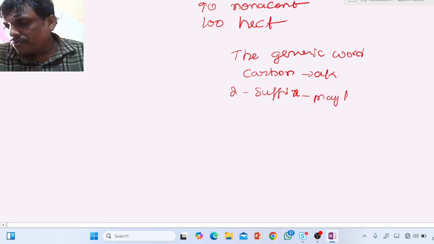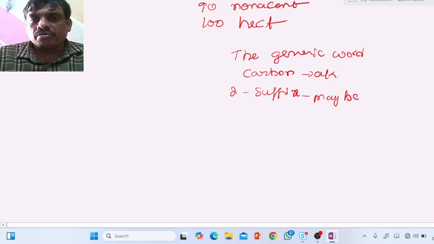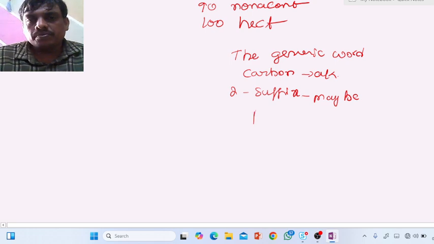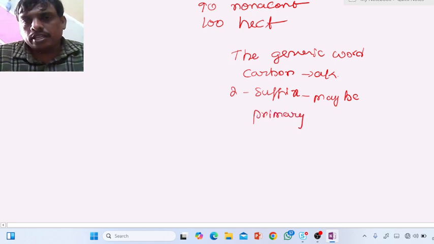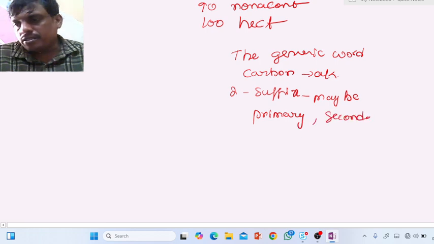Suffix may be primary suffix or secondary suffix, which differentiates.